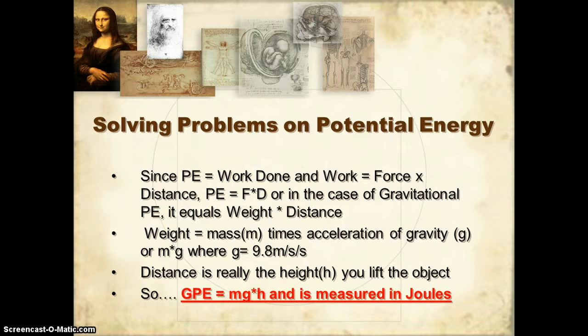Remember that weight is equal to mass, m, times acceleration of gravity, g, or simply m times g, where g equals 9.8 meters per second squared. Distance would really be the height since you are lifting the object. So from all of this, we would get that GPE, the gravitational potential energy, equals mgh, and it would be measured in joules.